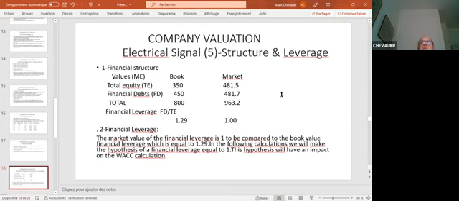Whatever the values, the cash flows, the portfolio of investment on the left side of the balance sheet, it is clear that it will modify the return of this portfolio and the WACC. So the WACC is a function of the leverage calculation, and moving from book value to market value will modify the WACC.